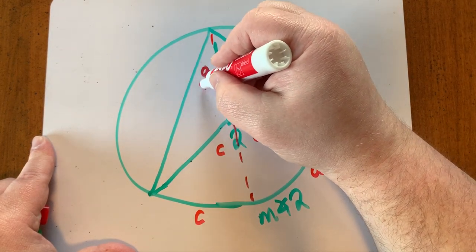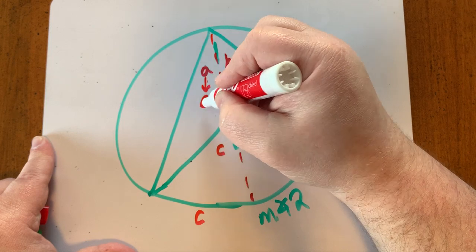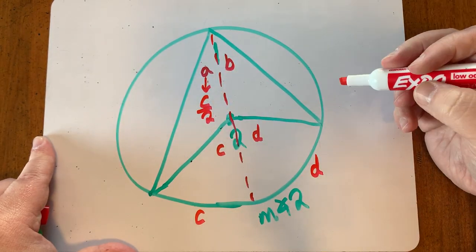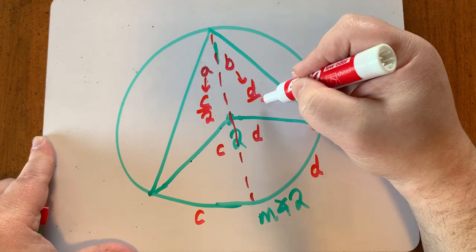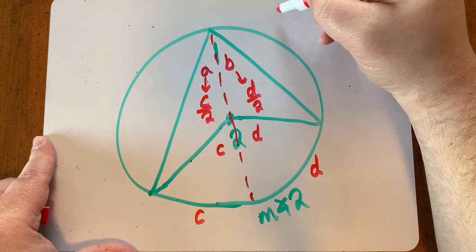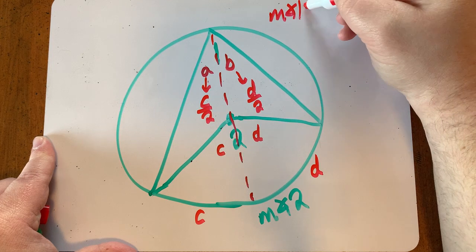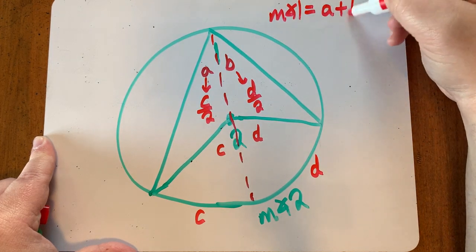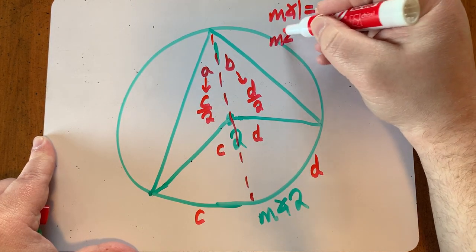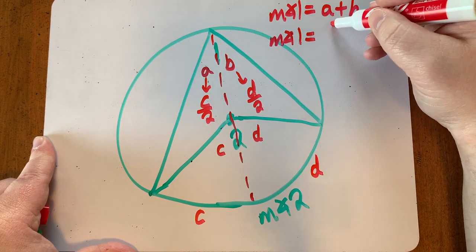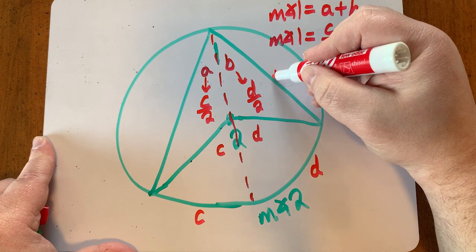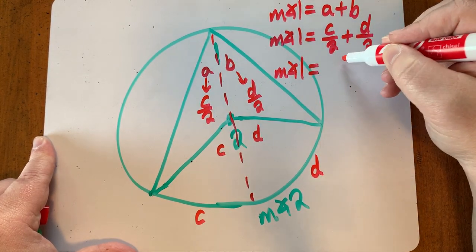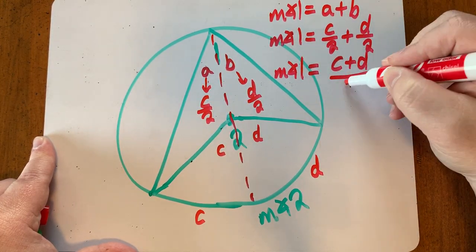A would be half of C. B would be half of D. So the measure of angle 1 equals A plus B. In other words, C over 2 plus D over 2. Or C plus D over 2.